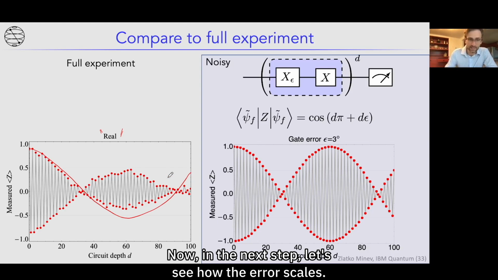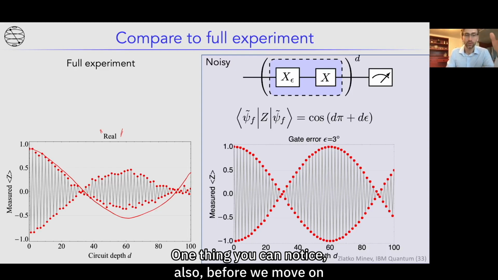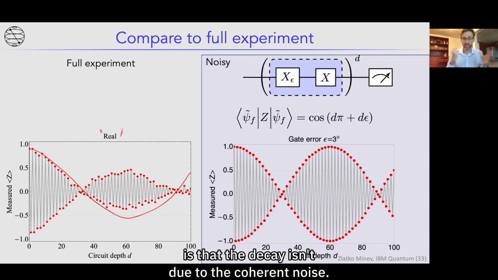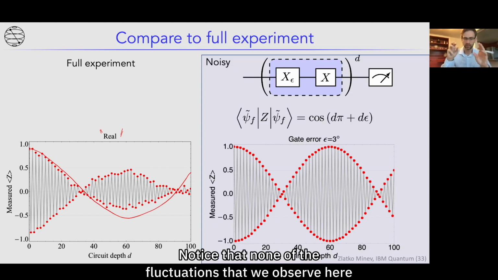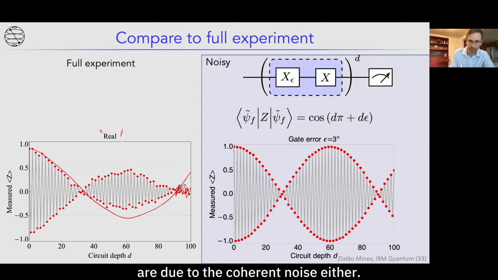Now, in the next step, let's see how the error scales. One thing you can notice also before we move on is that the decay isn't due to the coherent noise, it isn't due to the coherent oscillation. So that's an important feature to know, it is not due to coherent noise. Also, notice that none of the fluctuations that we observe here are due to the coherent noise either.